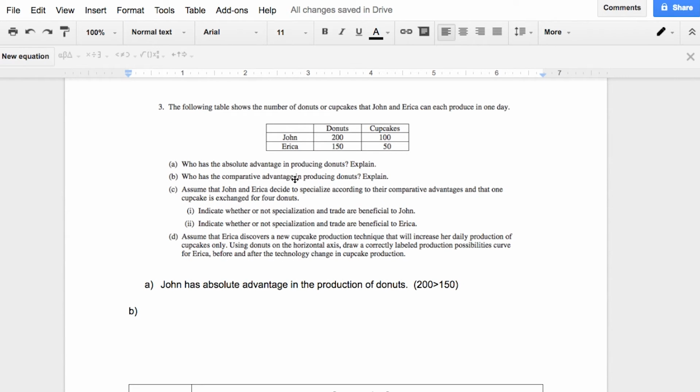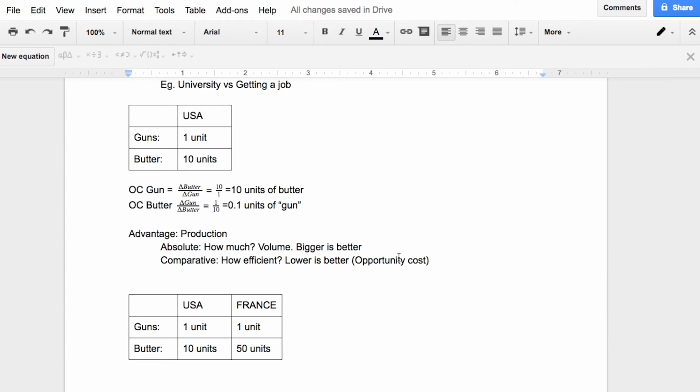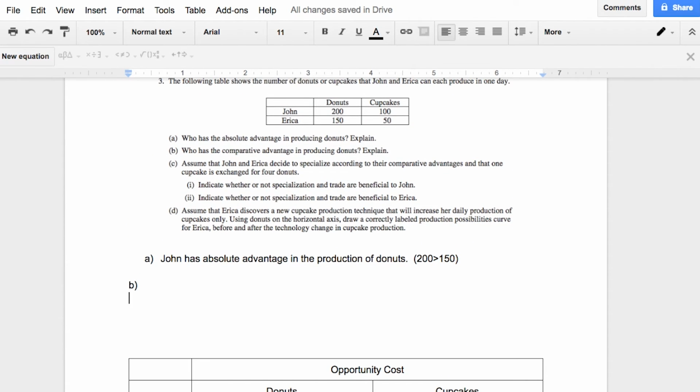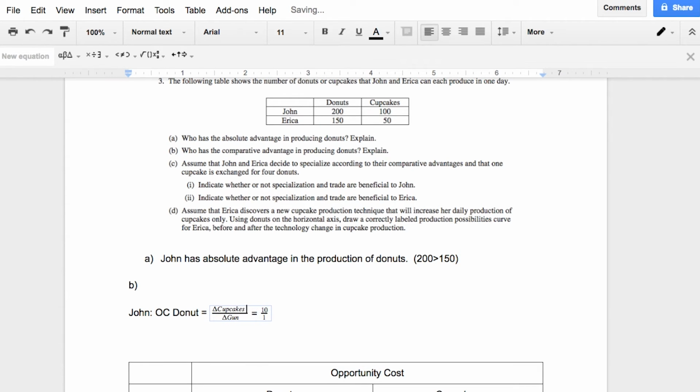All right, so let's look at part B. Who has the comparative advantage in producing donuts, and explain? Okay, so this question is getting a little bit trickier. We're talking about comparative advantage, right? So we're talking about opportunity cost here. So let's figure out the opportunity cost for each of these parties. Let's do John first, because he's up top. So we said OC of a donut, right? How much are you giving up? Equals, let's paste that back in. We're changing this now, right? Because we want cupcakes in the numerator and donuts in the denominator, because that's the cost that we're looking for.